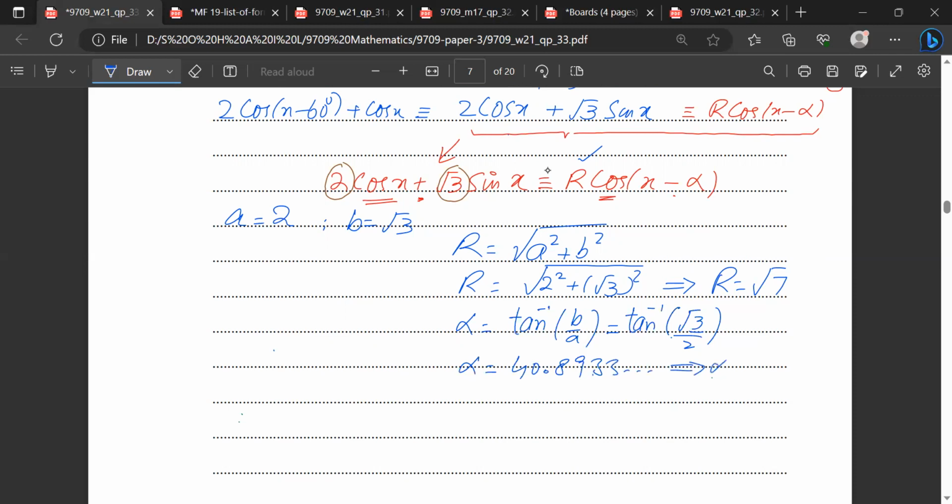So this is the answer required for alpha.